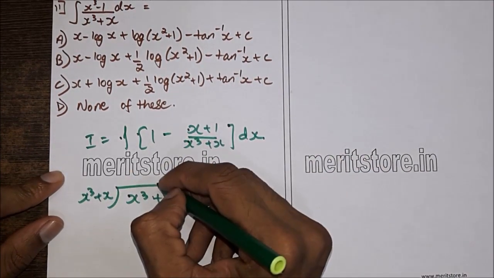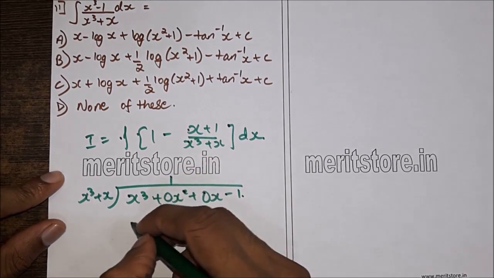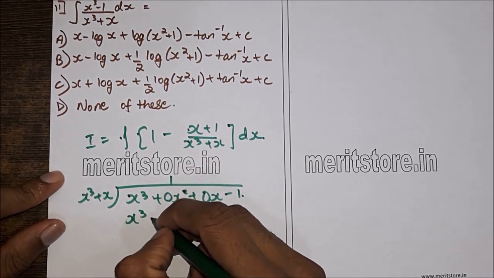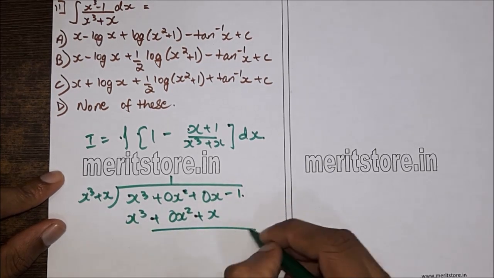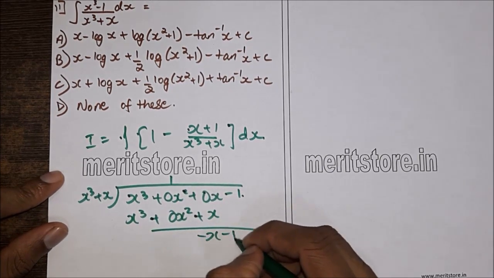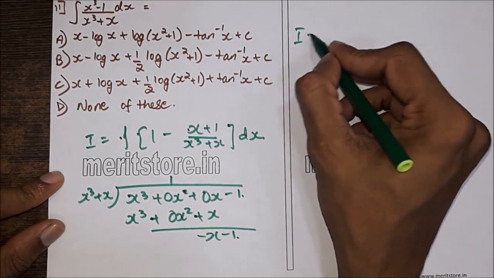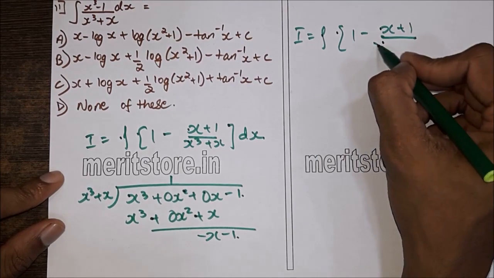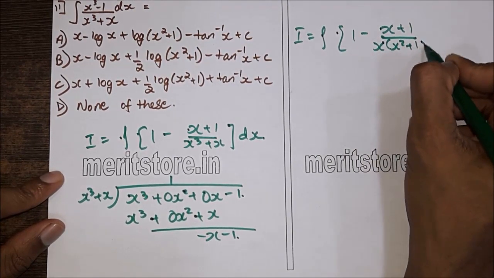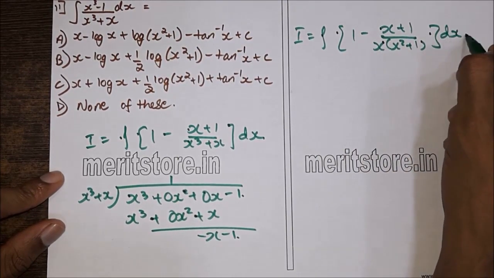So we multiply by 1, we get x cube plus 0 x square plus x, we get minus x minus 1. So we can write this as I equal to integral of 1 minus x plus 1 upon x into x square plus 1 dx.